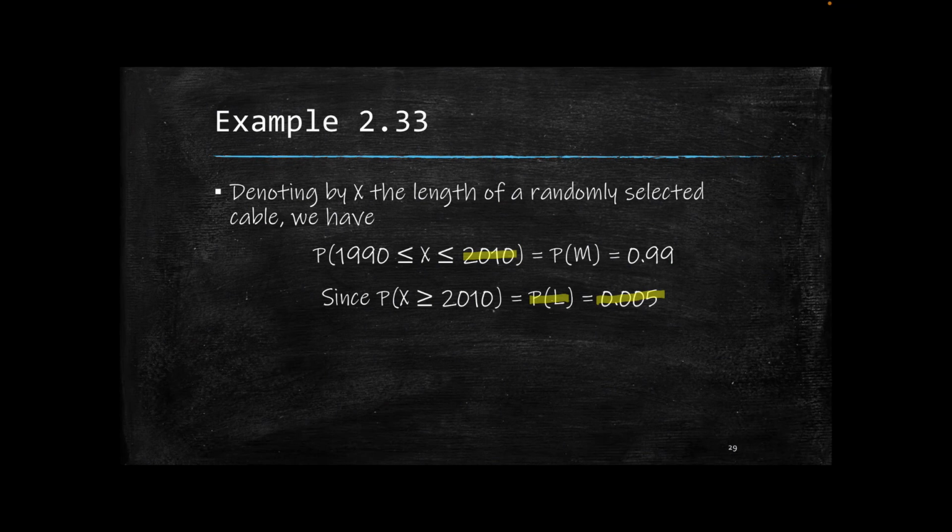And then the second one is to find the probability where the cable is larger than 1990 millimeters, which is in this range. Okay, so P(X larger than 1990) is equal to P(M) plus P(L). Then we've got an answer of 0.995.